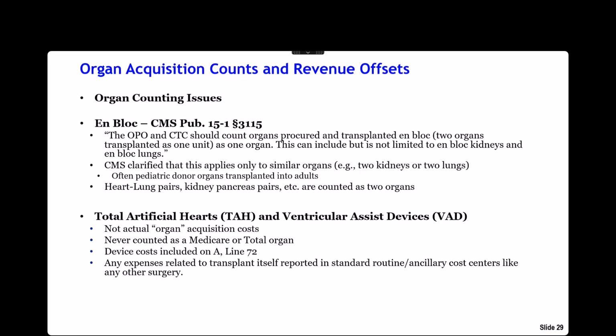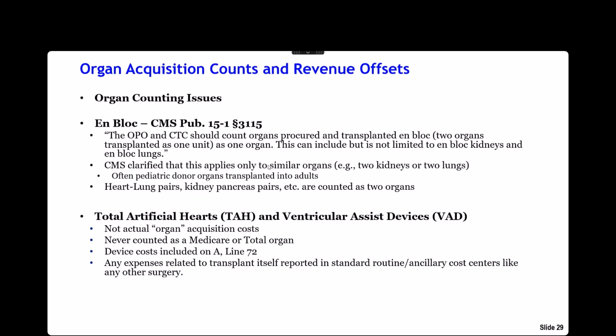Who's the closest nearby recipient that's on the list, and they're going to get it. Now, it would make a lot more sense logistically if it was another pediatric recipient, but as you can imagine, that's probably less common. And again, the timing and location might just not be right. So pediatric organs sometimes are transplanted into adults, but it might take two kidneys to serve as one adult kidney. And that's what this en bloc is all about.